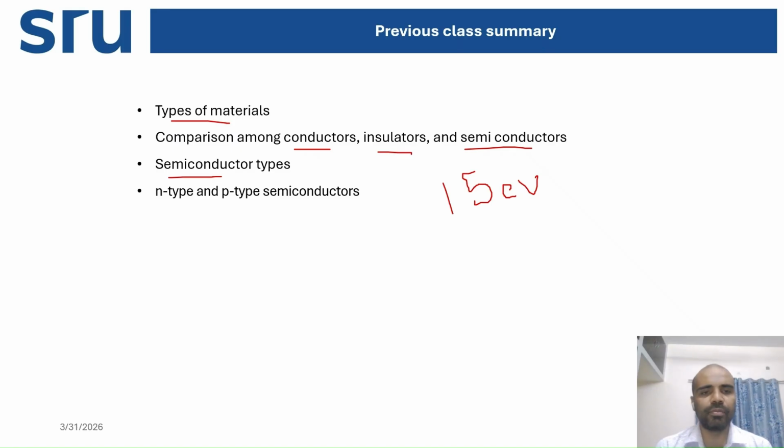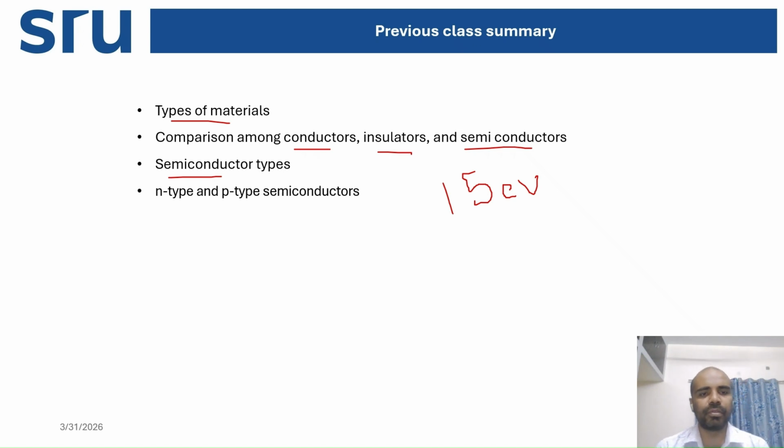If you dope trivalent impurities inside the intrinsic semiconductor or extremely pure semiconductor, then you will get p-type semiconducting materials, where the majority charge carrier is hole and the minority charge carrier is electrons.